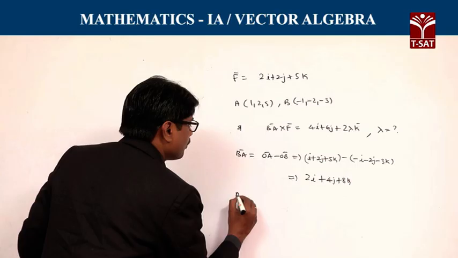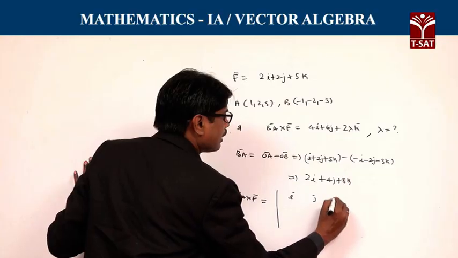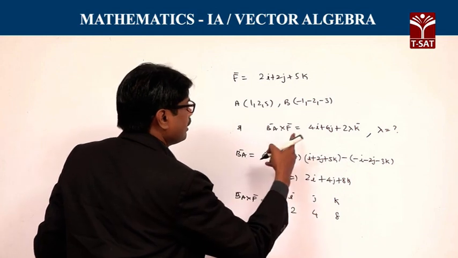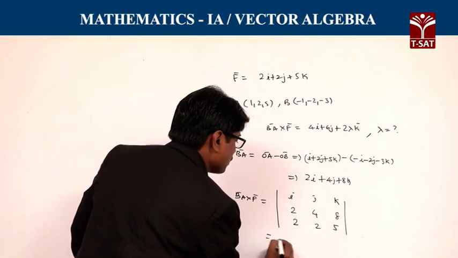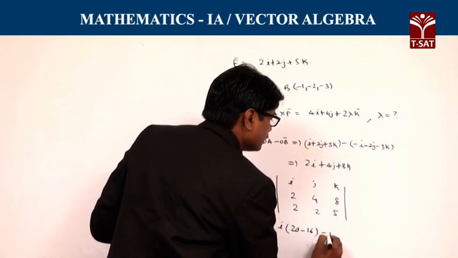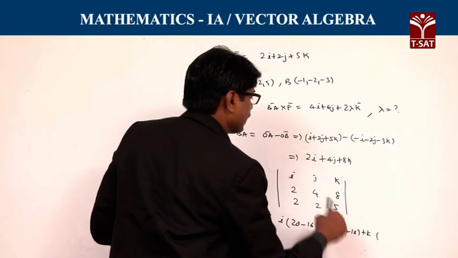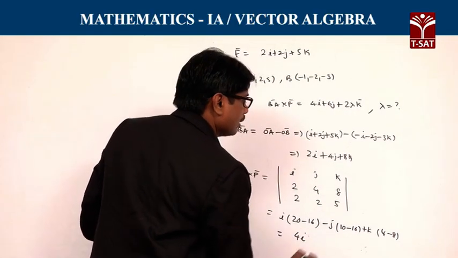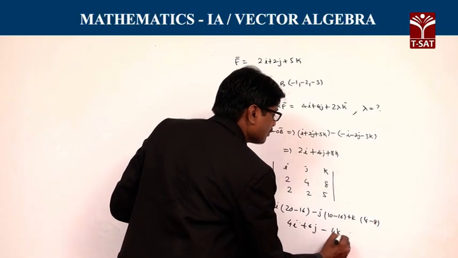And BA bar cross F bar is equal to the determinant of i bar, j bar, k bar; BA bar is 2, 4, 8; F bar is 2, 2, 5. That is nothing but i bar times of 20 minus 16, minus j bar times of 10 minus 16, plus k bar times of 4 minus 8, which is 4 times of i bar plus 6 times of j bar minus 4 times of k bar.